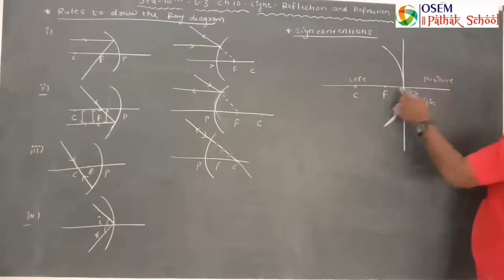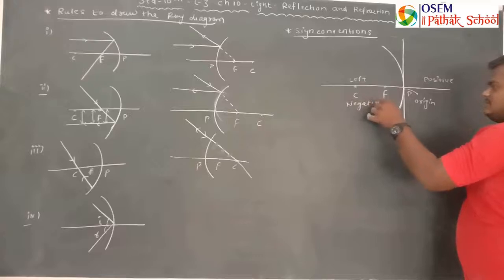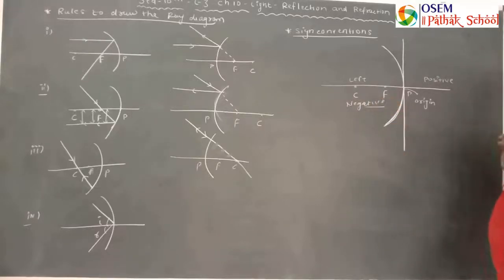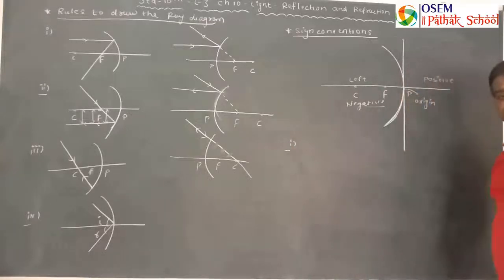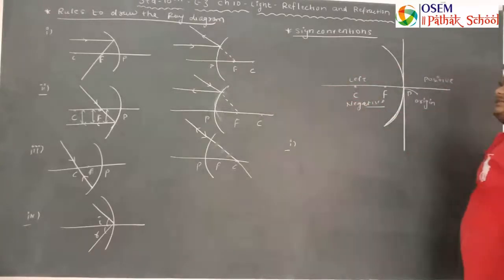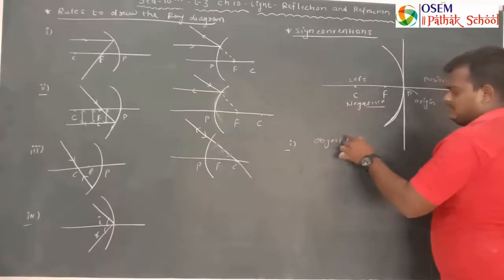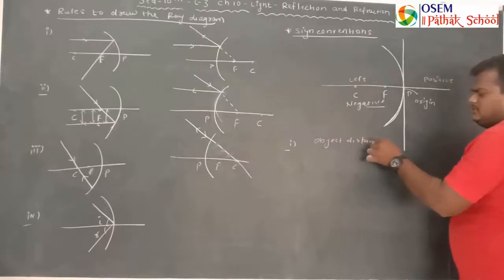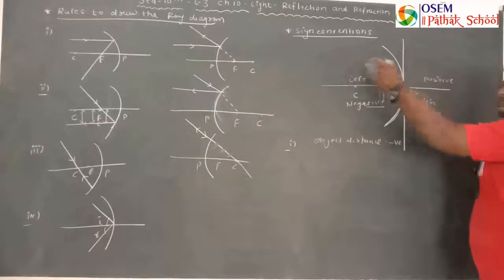This is left and this is right. So values are negative in this case. Here I am just explaining it in words. Just try to understand. The first sign convention is that the object is always placed at the left hand side of any type of mirror. So that's why object distance is always taken as negative, because it is always placed at the left hand side.